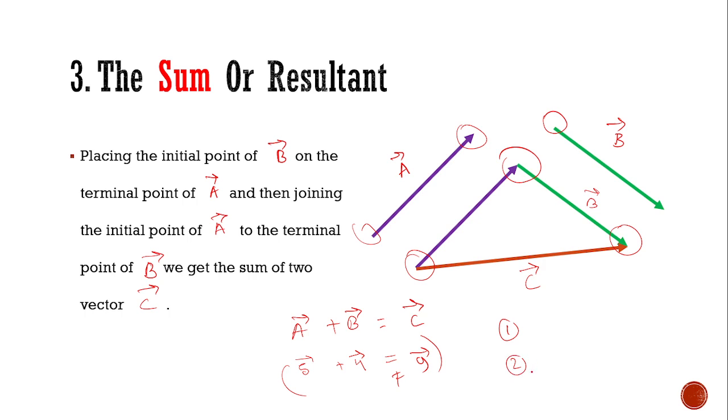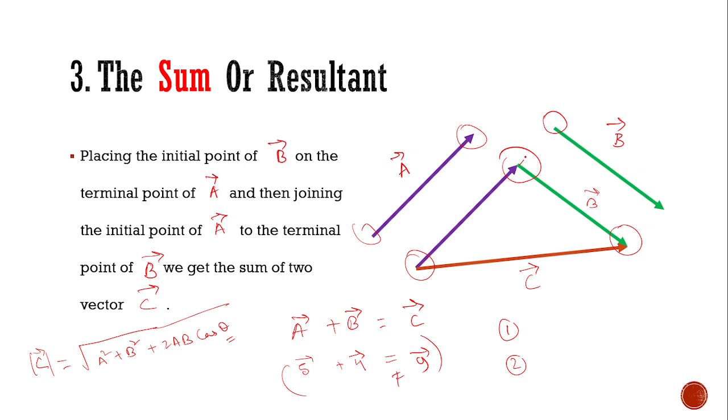By using those two laws, we can find out the sum of two vectors. What will be the value? Normally it is represented that mod C, only the value, is equal to root over A square plus B square plus 2AB cos theta, where A and B are the values of the vectors.